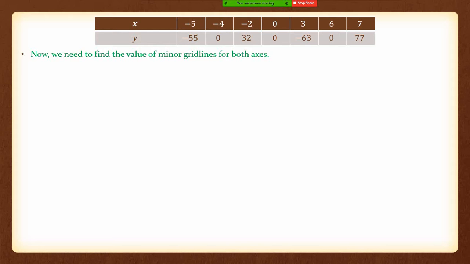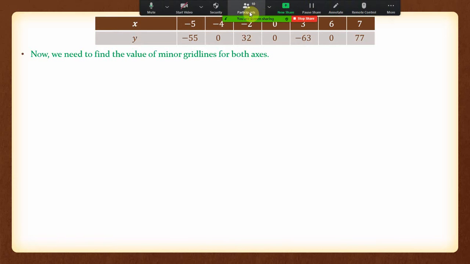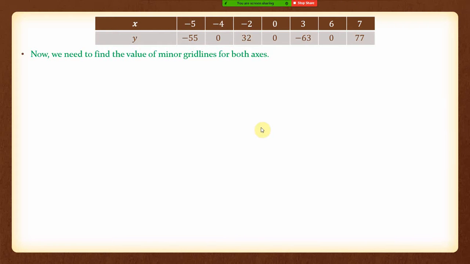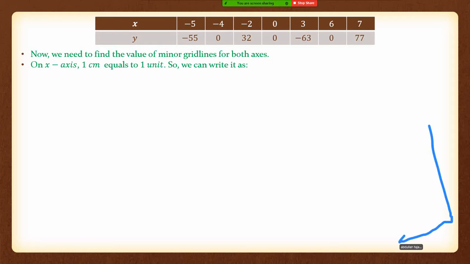We found earlier that along the x-axis 1 centimeter equals 1 unit, while along the y-axis 1 centimeter equals 20 units. Now, to make our working more accurate, we need to find the values of minor grid lines for both axes.